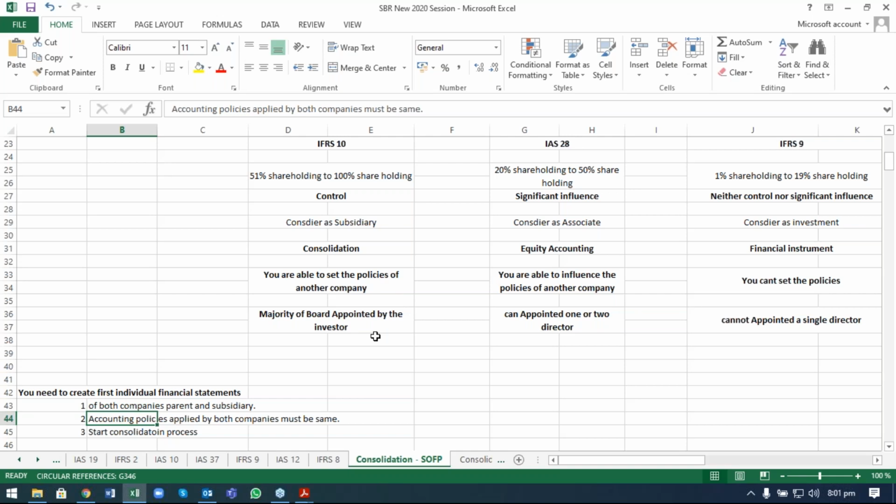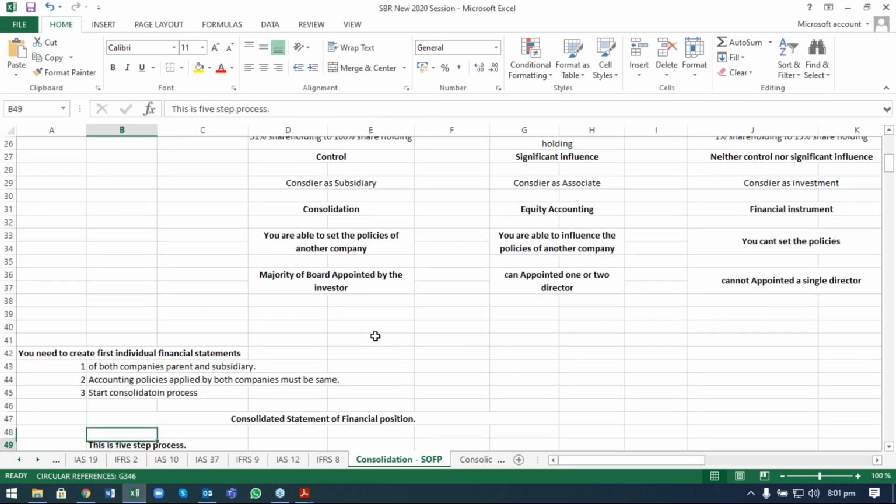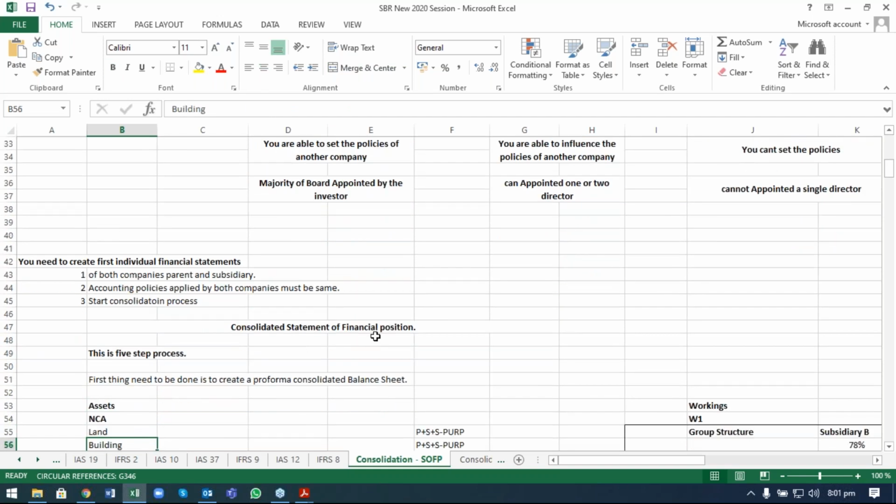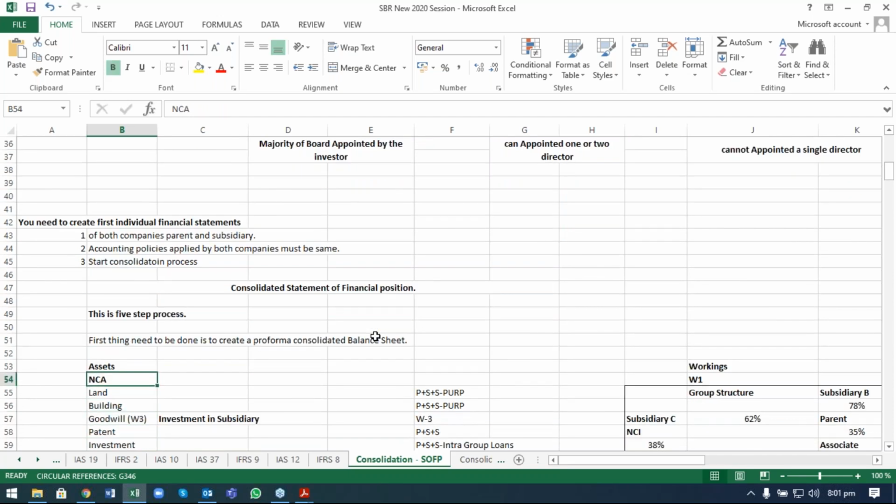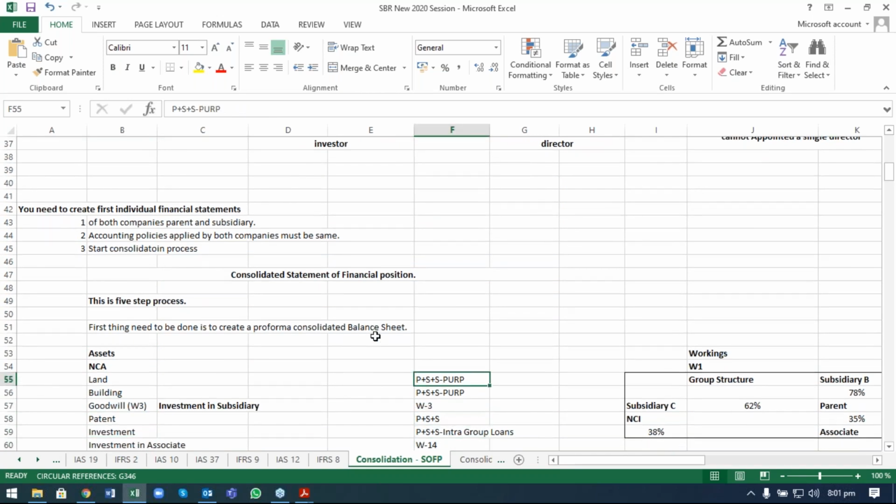Then you need to start the consolidation process. The consolidation process constitutes a 5 step process. You have even studied it in F7. So the first important thing, in F7, is that you have to create a pro forma consolidated financial statement where you add the parent plus subsidiary structure.